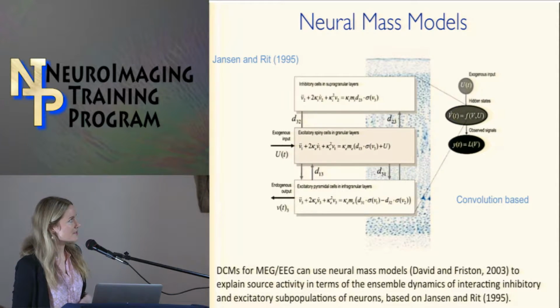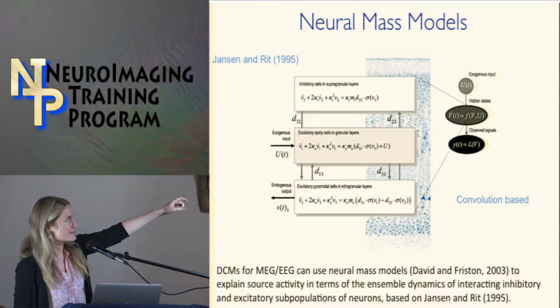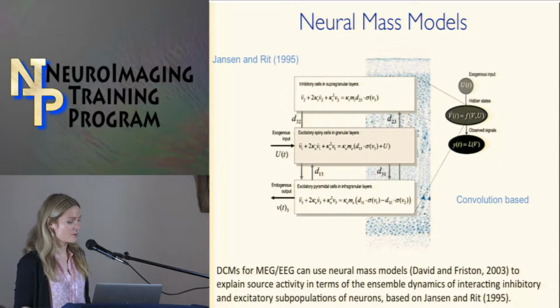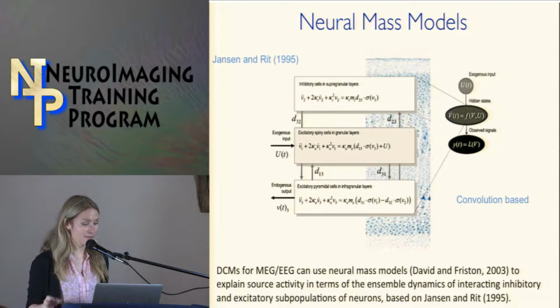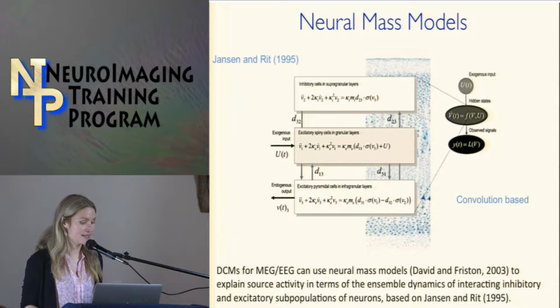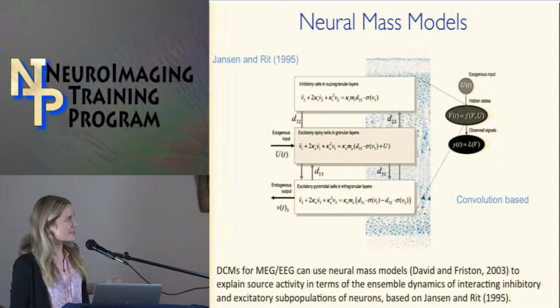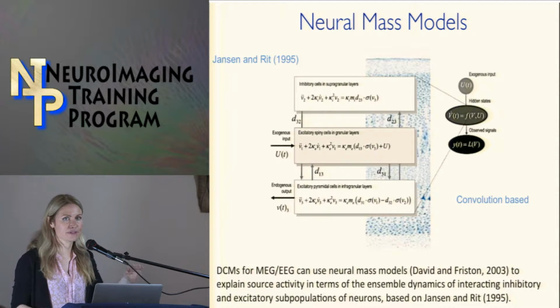What they did was describe the dynamics of cells within a cortical column using 3 different subpopulations: inhibitory supragranular cells, excitatory spiny cells, and excitatory pyramidal cells. The nice thing about this is that we have different laminar layers of the cortical column described.